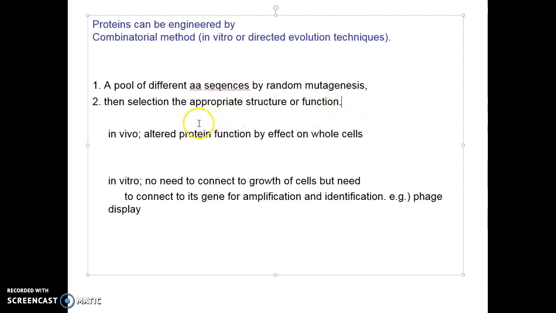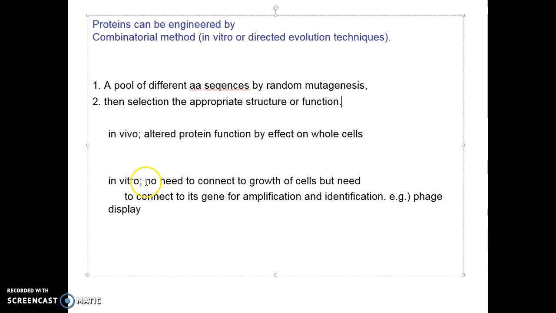In selection, there are two approaches, in vivo and in vitro. In the in vivo method, you use live cells, so you just try to select the whole cells which contain the appropriate target genes inside.